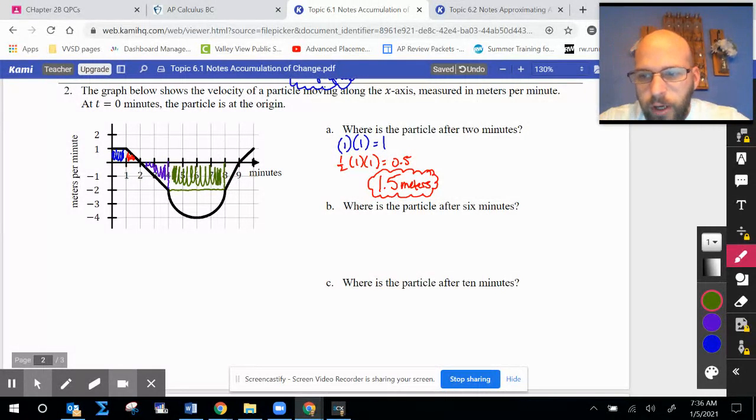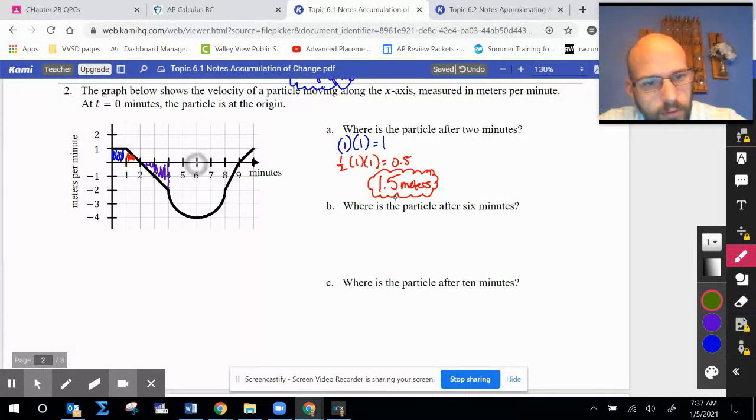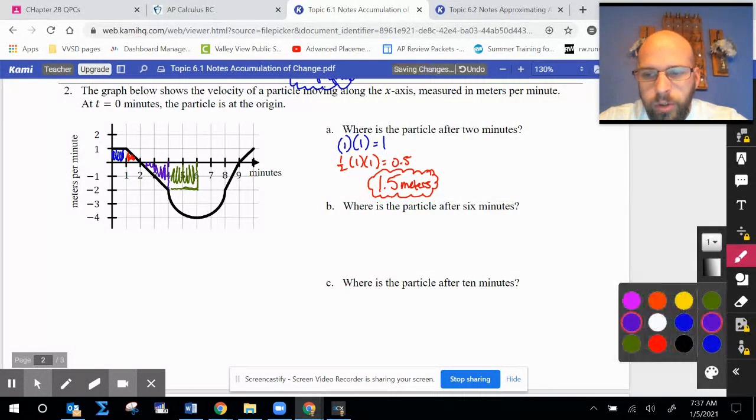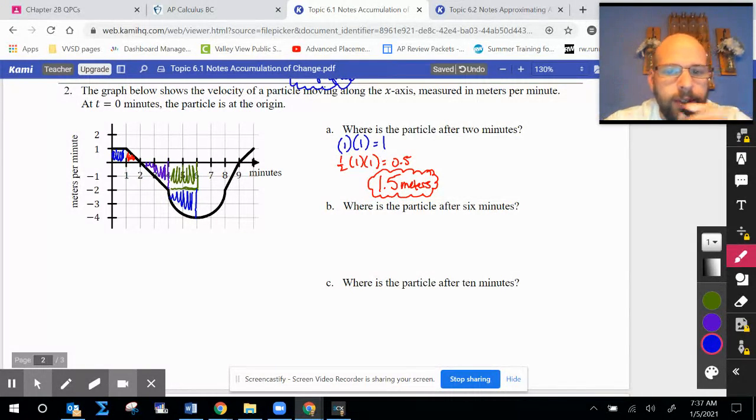Oh, I went a little too far. I only wanted to go to 6 minutes. So let me go back. I'm going to just do this little square here. And I have actually a little quarter circle. I want to combine all of those together.